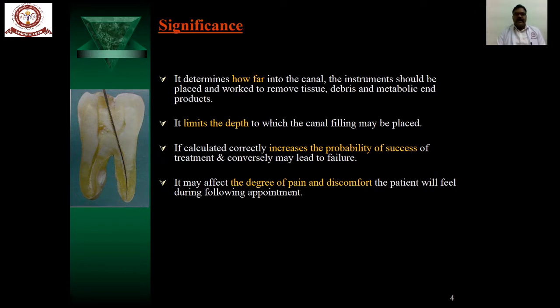If calculated correctly, it increases the probability of success of the treatment, and conversely, it may lead to failure. It may affect the degree of pain and discomfort the patient will feel during following appointments.